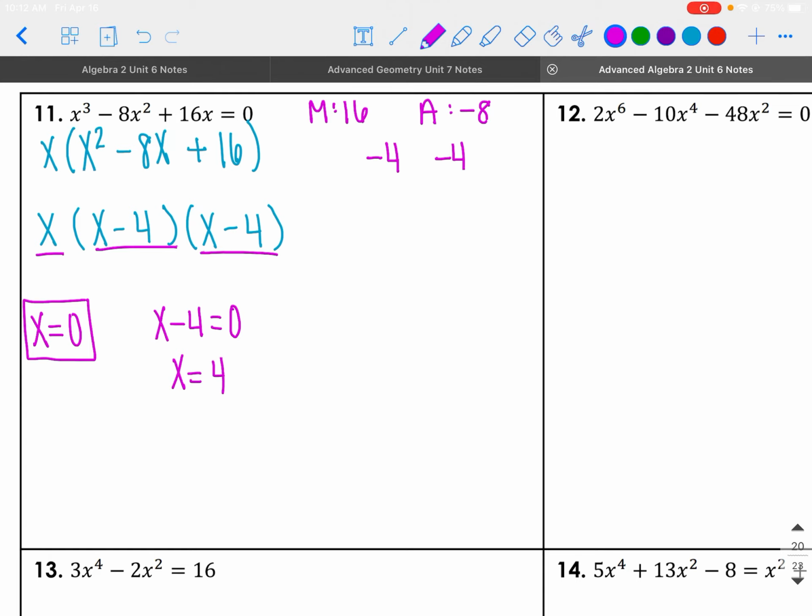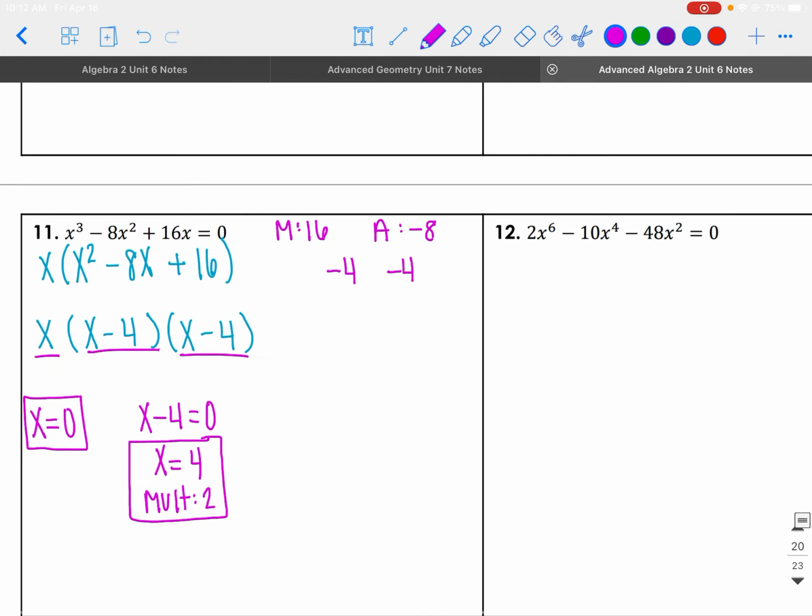So if we add 4, we get x equals 4. Now we have 2 of those. And remember, when we have 2, we call that a multiplicity of 2. You don't write it twice, but we would say that it has a multiplicity of 2.